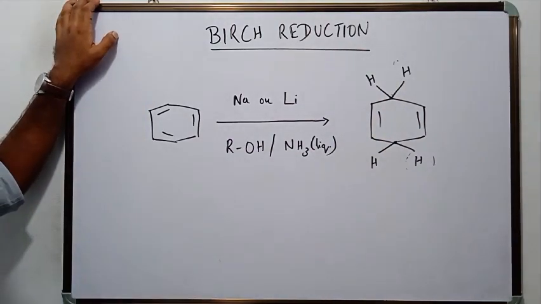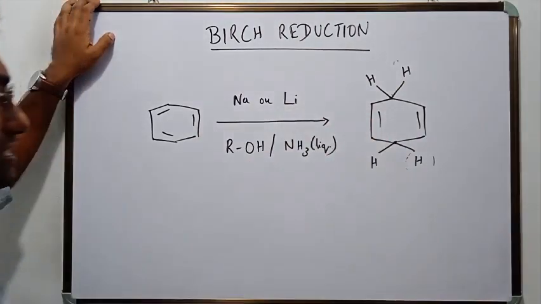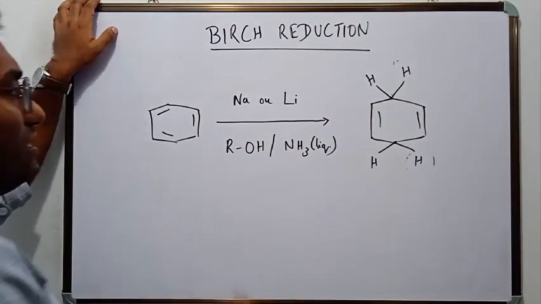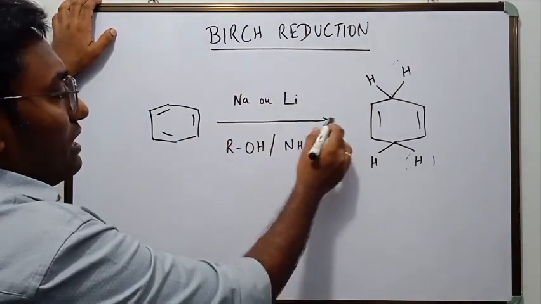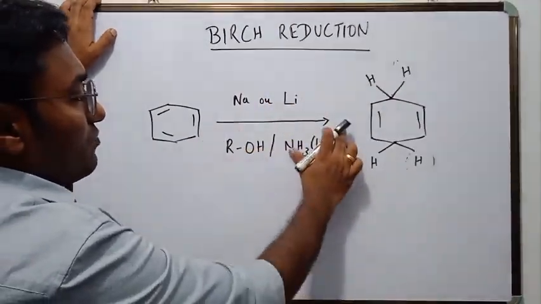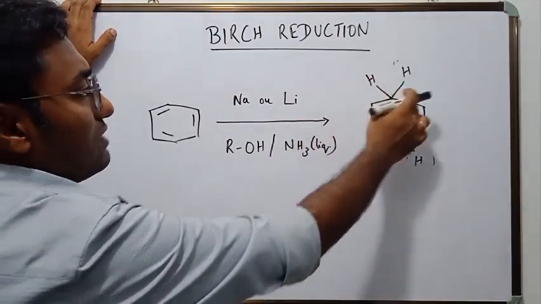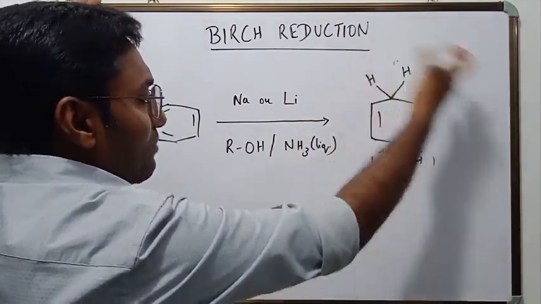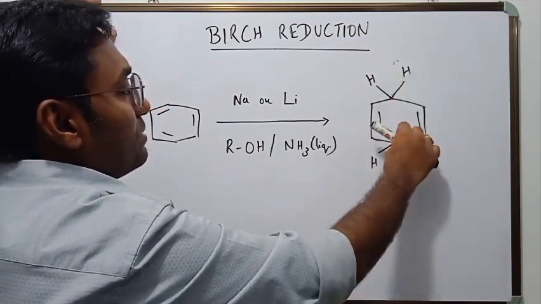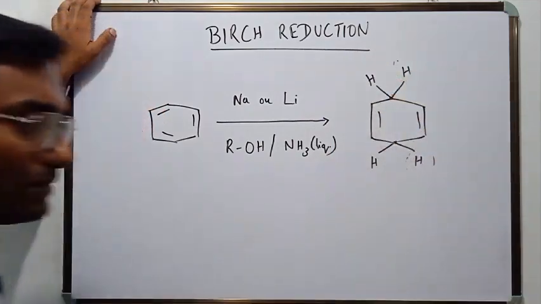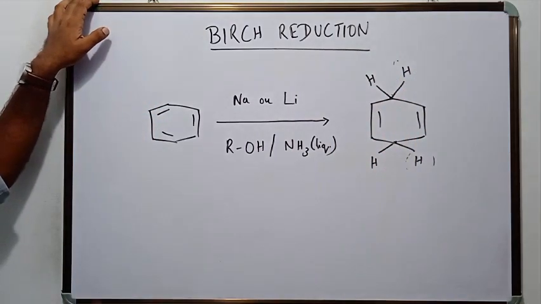That is what you write before the reaction, and then you give this reaction. Let me just repeat what I have said. Benzene on treatment with sodium or lithium in the presence of a mixture of alcohol and liquid ammonia gives 1,4-cyclohexadiene, a molecule in which 2 hydrogen atoms are present on the opposite carbon atoms of the benzene ring system. So that is the Birch reduction.